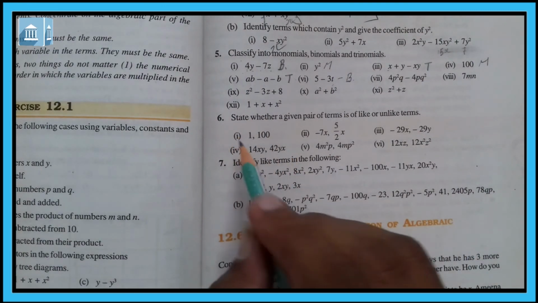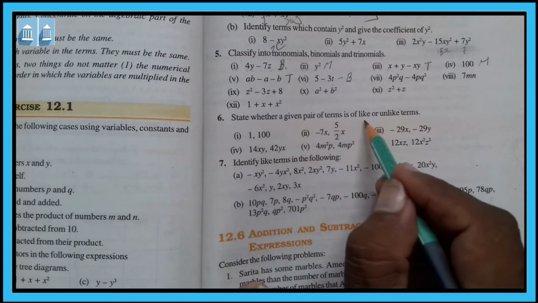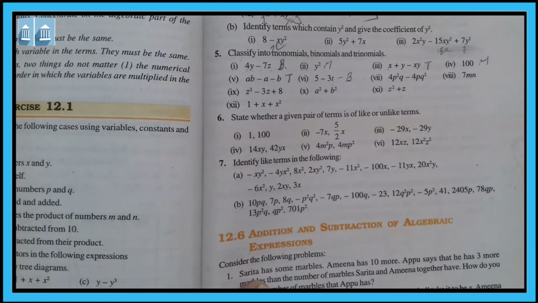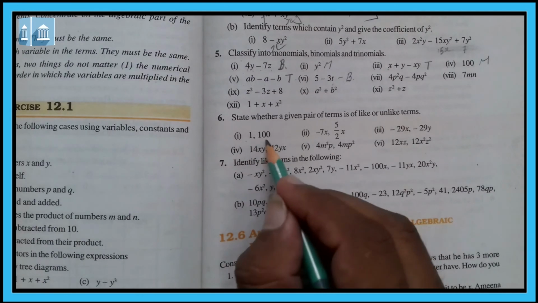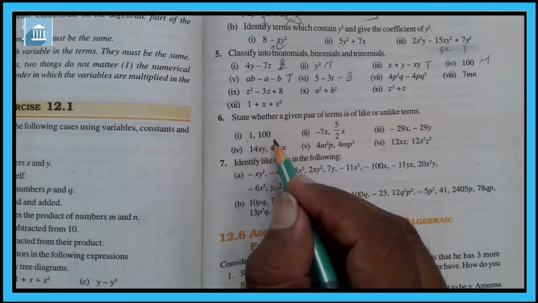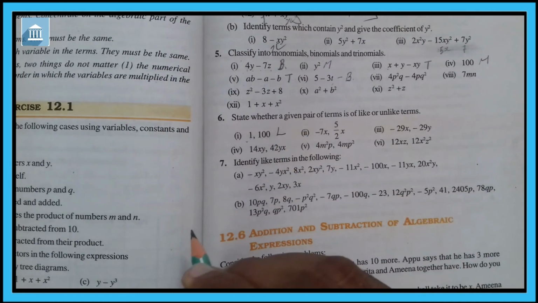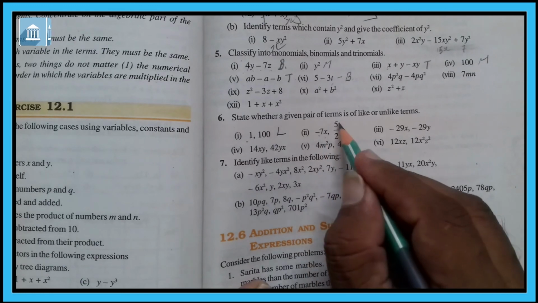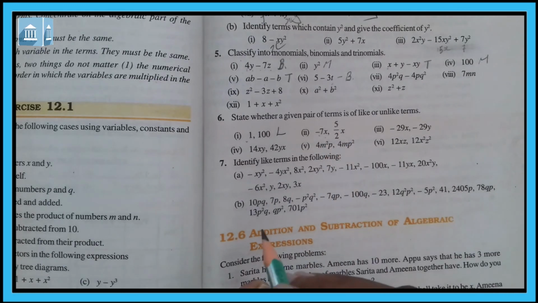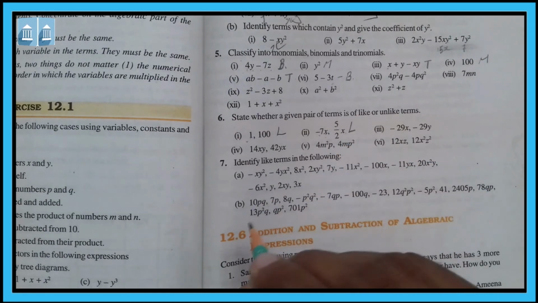Now question number 6 is, state whether a given pair of terms is of like or unlike terms. We have to check whether they are like or unlike terms. Here 1 and 100 are both without variable, so it is like terms. Minus 7x and 5 upon 2x are again like terms because both have the same variable.